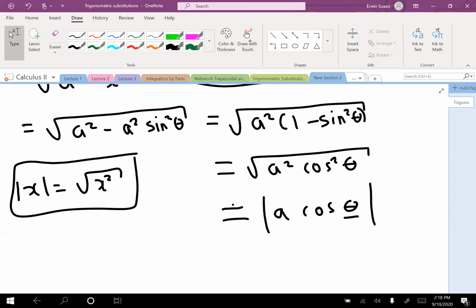If we want the function to be positive, how is cosine?